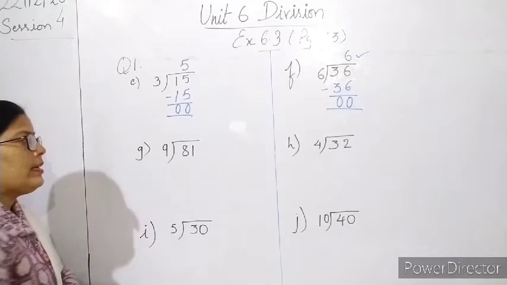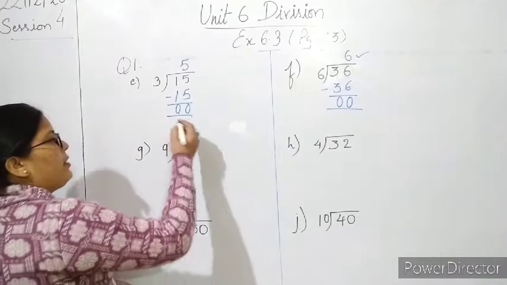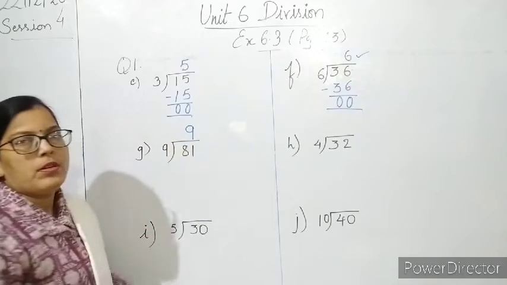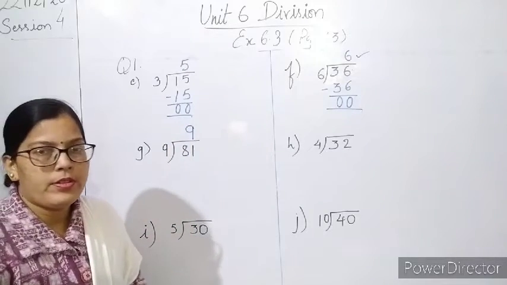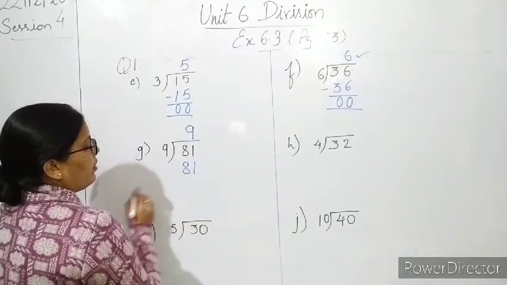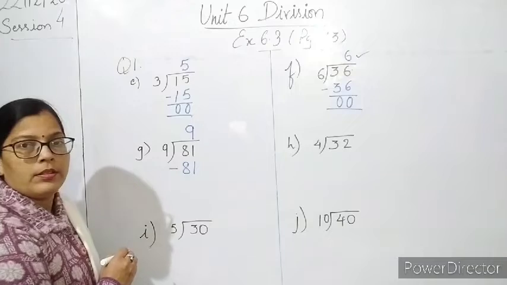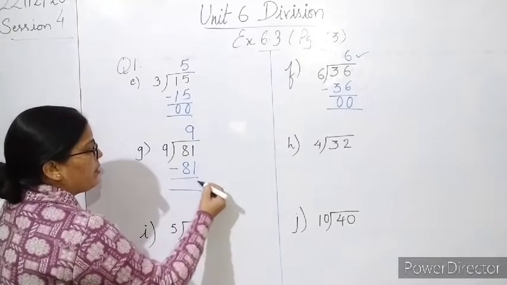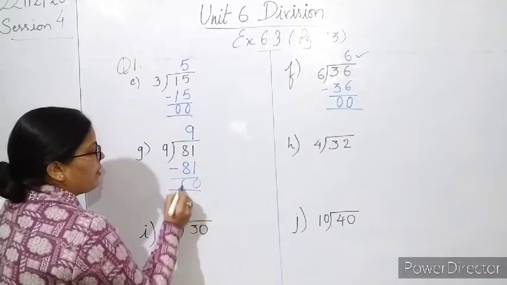So 9 nines are 81. Write 9 here at the top. What do we write here at the top? The quotient, that is the answer of division. Put the sign of subtraction and then subtract these numbers. 1 minus 1 is 0, 8 minus 8 is 0.